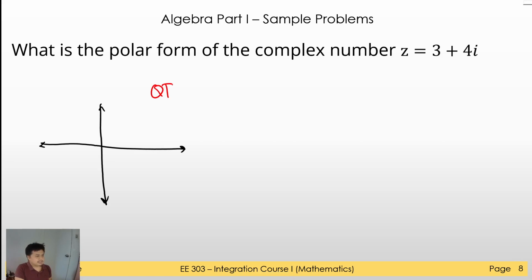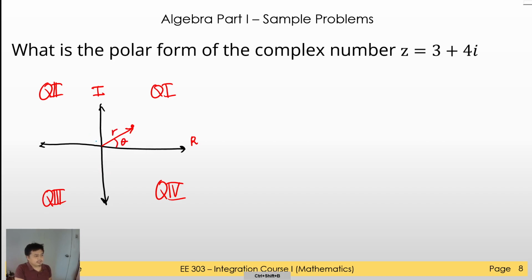in the Argand diagram. So this is the I axis, and this is the real number axis. Okay, I'll just put I here. So if we have a point here, then this will be your theta, and then this will be your r.